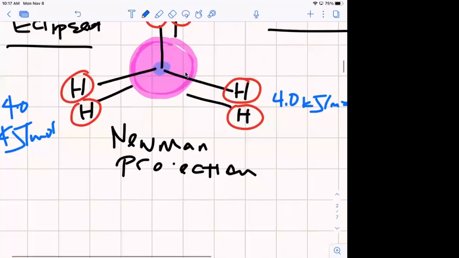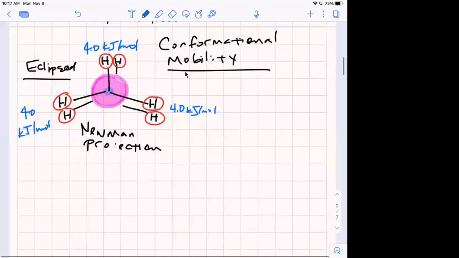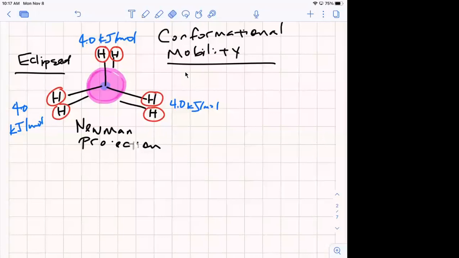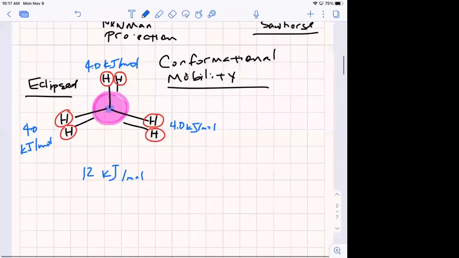What's the total it's going to cost me for this to stay in the eclipse conformation? 12 kilojoules per mole. That's a lot of energy, right?